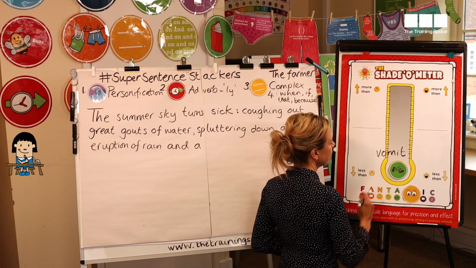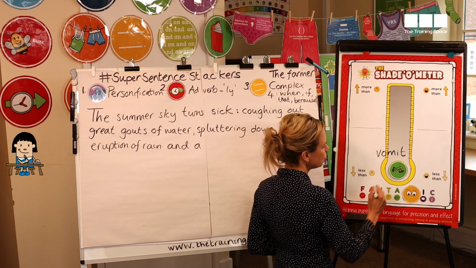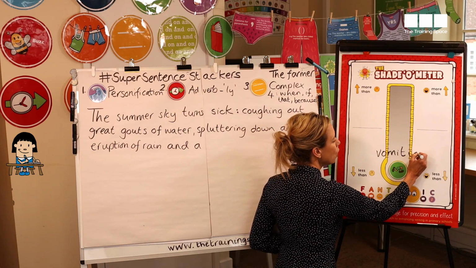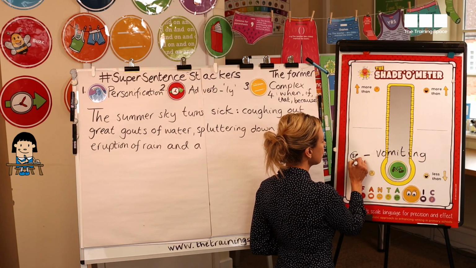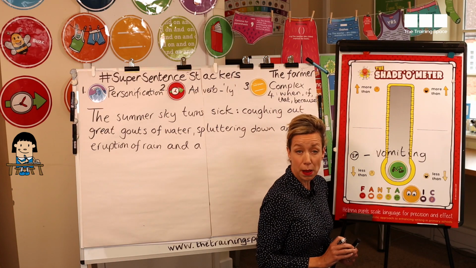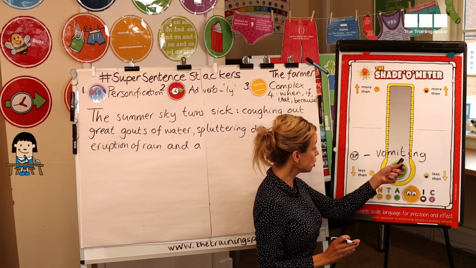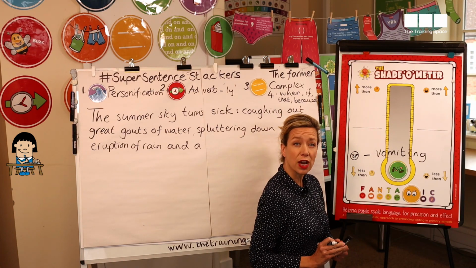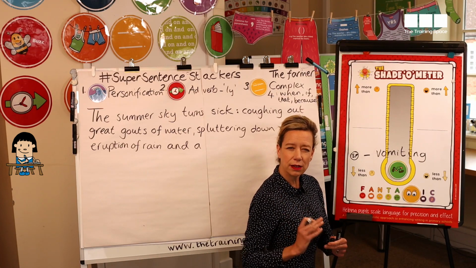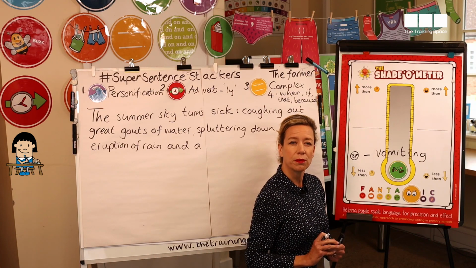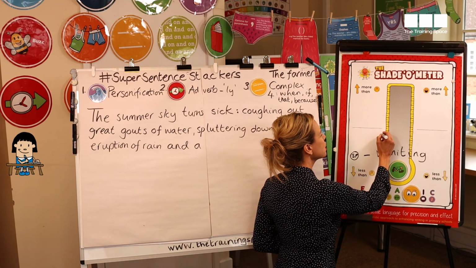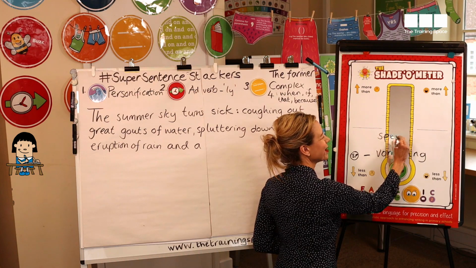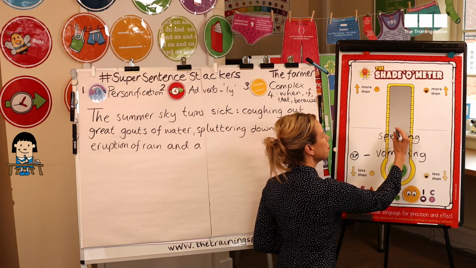Now, vomiting. Is it one T or two T's? When you're not sure, don't worry. Have very brave, I call them brave spelling guesses, but just make a note for yourself that you're going to check. I'm fairly certain it's one T, but I can check later. Vomiting, spewing, oh, that's a good word.